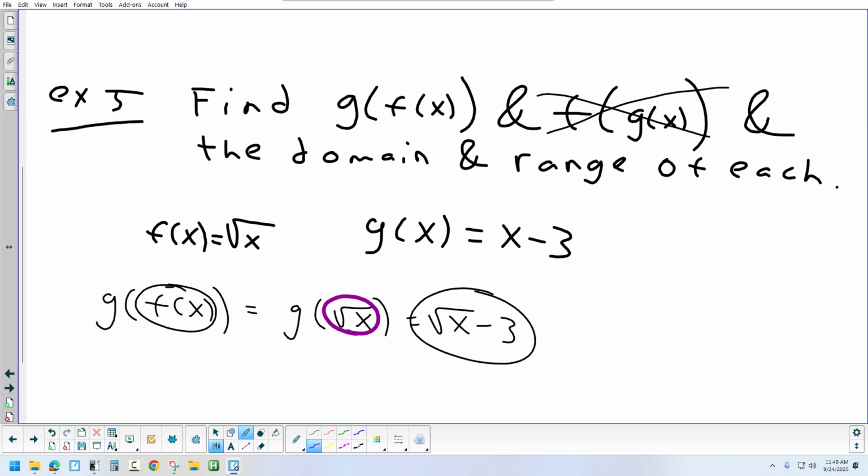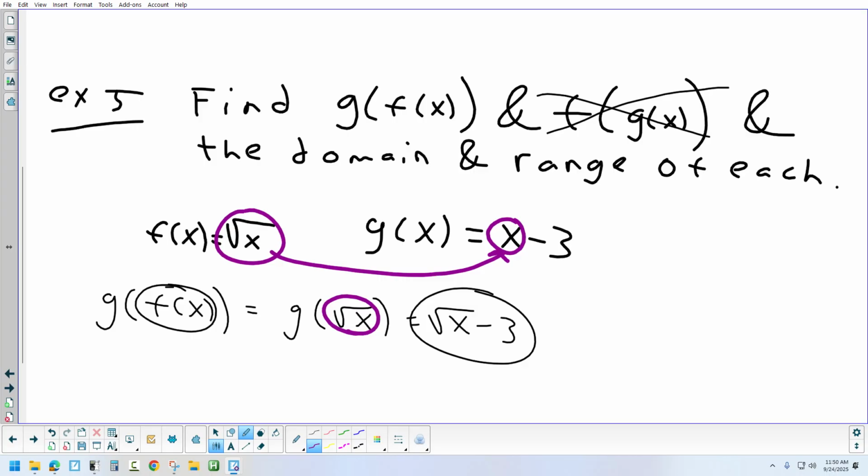I have a question. Why is the 3 outside? Because you're substituting in this right there. If g of x is x minus 3, wouldn't that include the whole thing then?